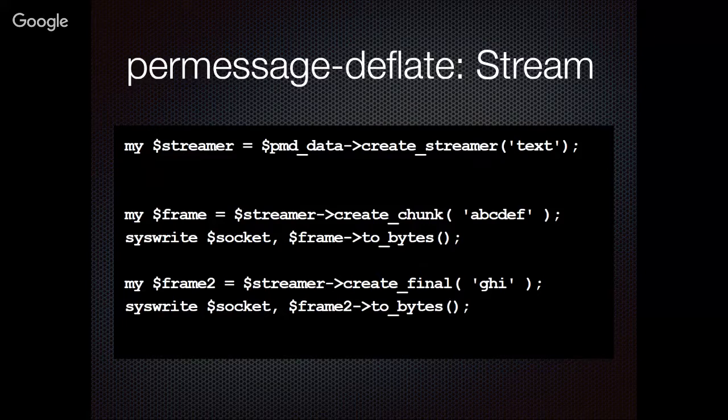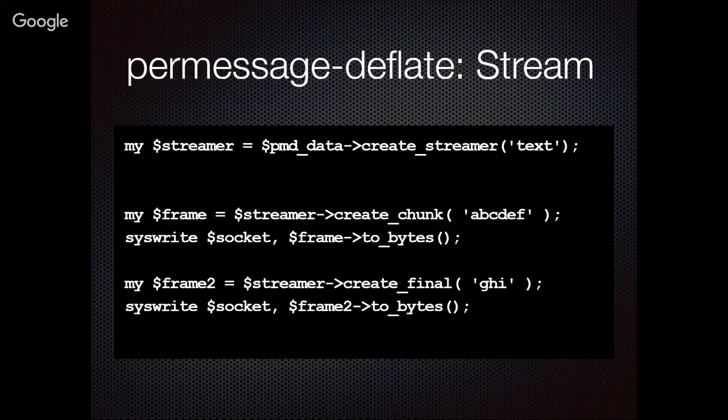Moreover, you only set the reserved flag that indicates this is a compressed message on the first frame. In this example, I've got create chunk and create final. That first frame has the reserved flag that says I am a compressed message. The final frame is the one that says I am the final frame, the message is now done.